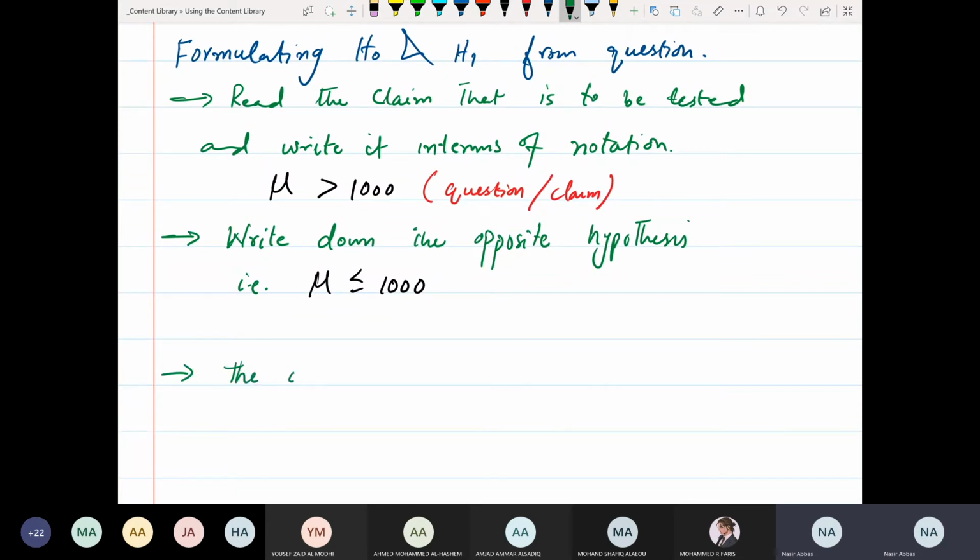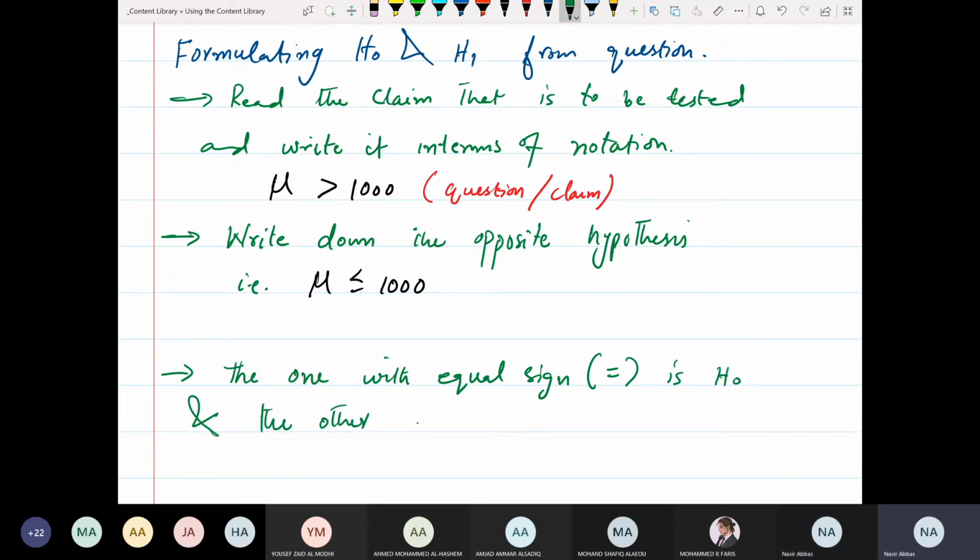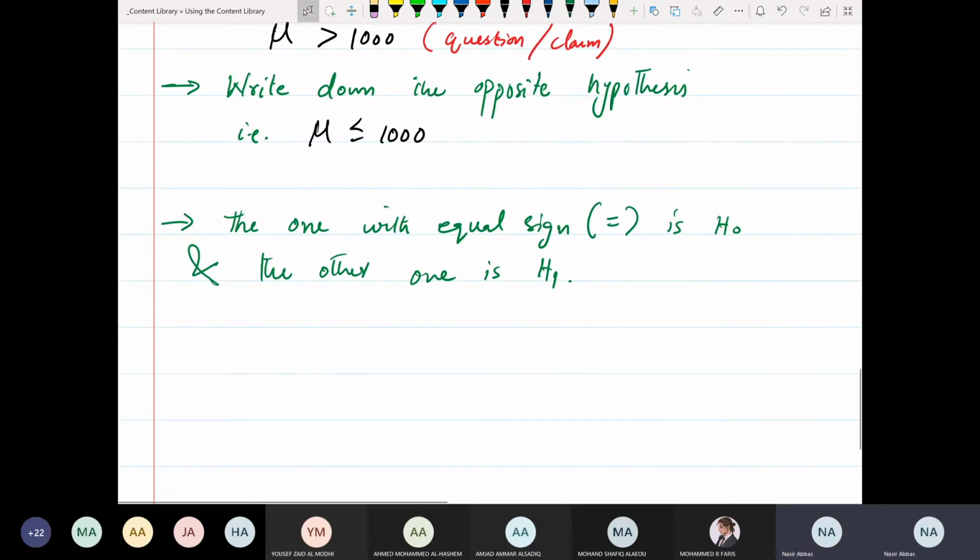The one with the equal sign is H0 and the other one is H1. So now you are able to write that H0 is mu less than or equal to 1000 and H1 is mu greater than 1000.